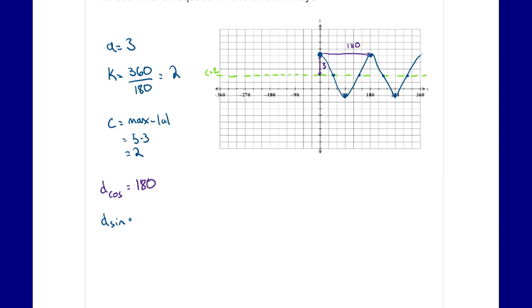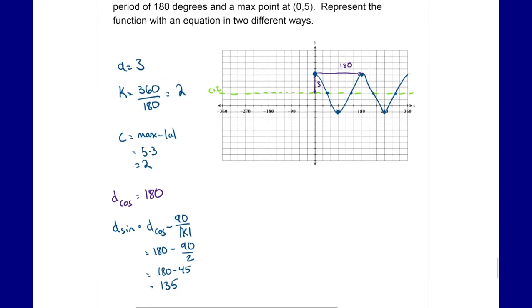And then my d value for sine would be the cosine d minus 90 over the absolute value of k, or 180 minus 90 over 2, or 180 minus 45, which would be 135. So different ways we could do it.